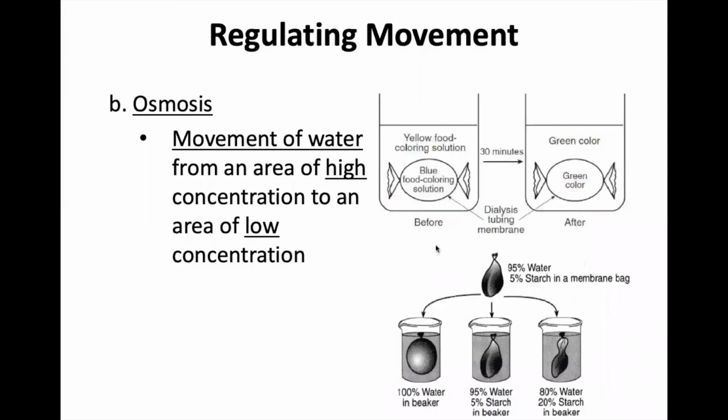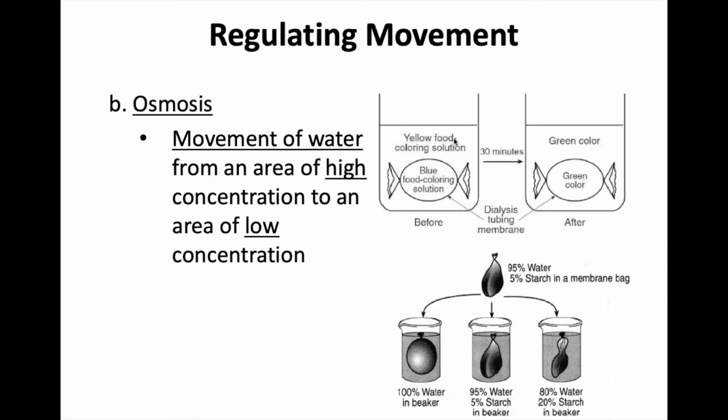You take a look at this. This came right out of your keystones. All right, this is an example the state gave. I want you guys to focus on this because I'm told that this question does come up on the keystone test. All right, what we have here is yellow food color and blue food color inside of a dialysis tube. This is the same semi-permeable membrane we just saw in that fish tank.